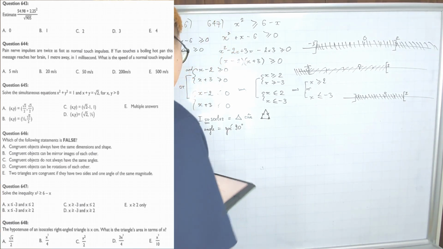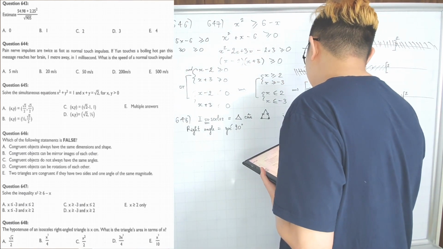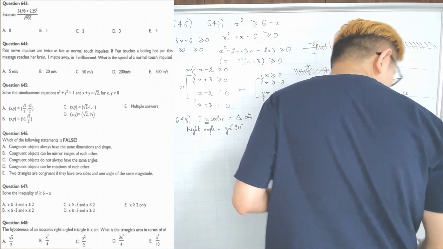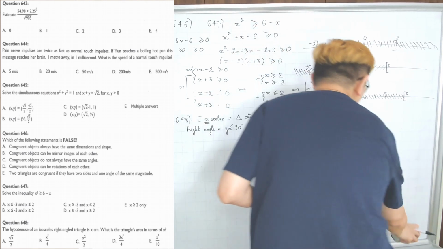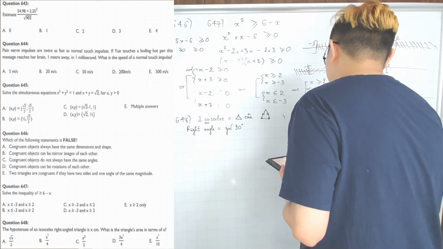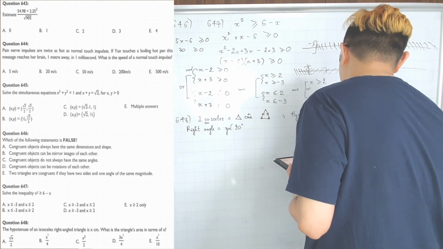So hypotenuse is the cạnh huyền. Hypotenuse, cạnh huyền.